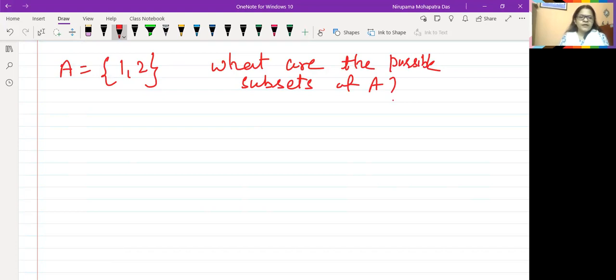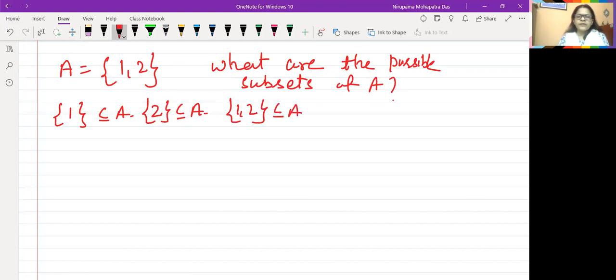Now, if I write 1 here, it is a subset of A. And if I write 2 here, again it is a subset of A. If I write 1, 2, it is a subset of A. And if I write phi, the empty set, it is a subset of every set.